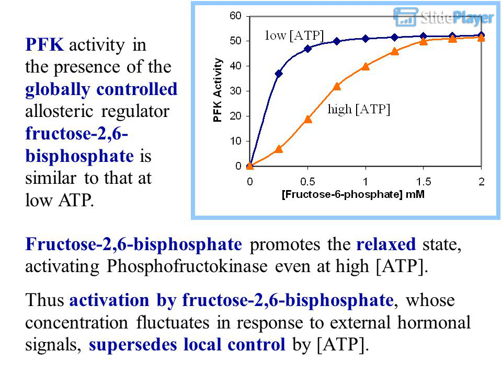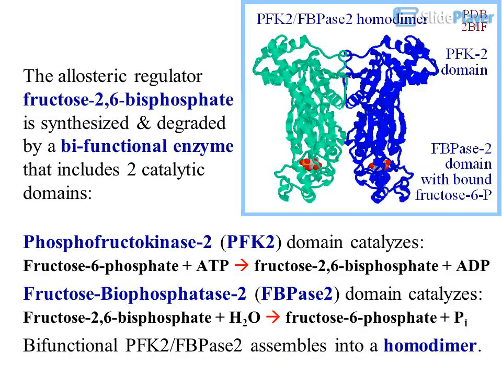Fructose 2,6-bisphosphate promotes the relaxed state, activating phosphofructokinase even at high ATP. Thus activation by fructose 2,6-bisphosphate, whose concentration fluctuates in response to external hormonal signals, supersedes local control by ATP.